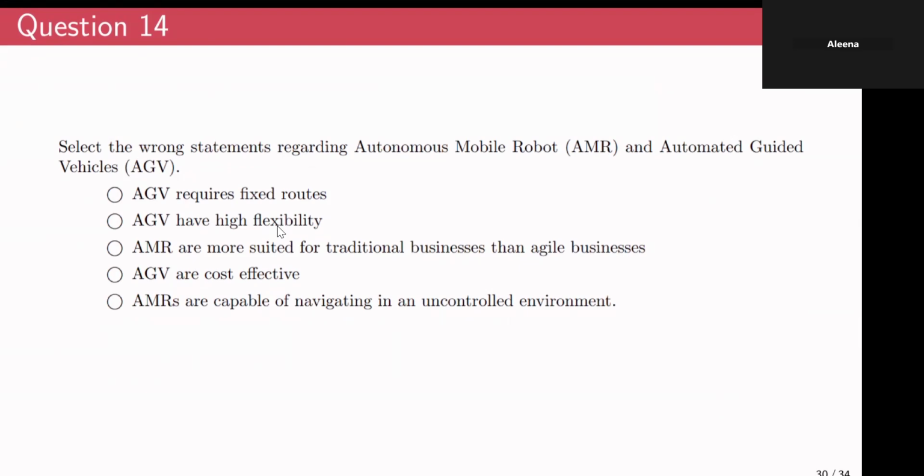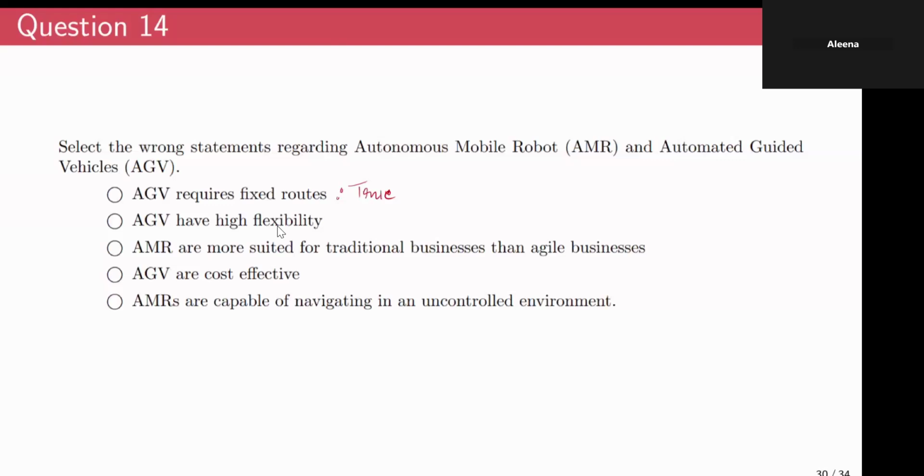In this case, select the wrong statements regarding AMRs and AGVs. So we could have multiple correct answers. The question says you have to select the wrong statements, so we'll go one by one with each of these statements. The first statement is AGV requires fixed routes. We can all agree that this is a true statement. AGVs, or automated guided vehicles, require fixed routes.